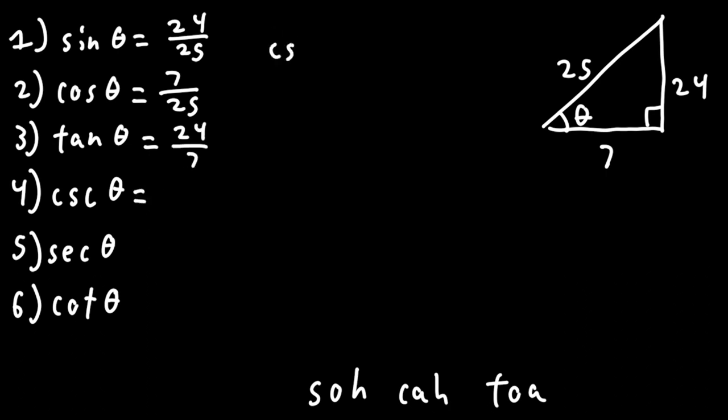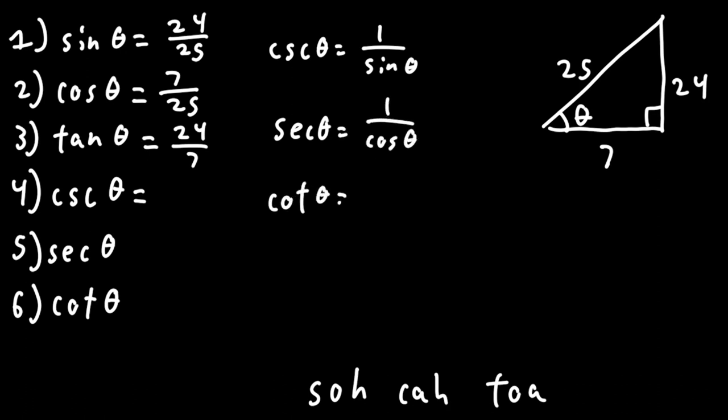Recall that cosecant of theta is 1 over sine theta. Secant of theta is 1 over cosine of theta. Cotangent of theta is 1 over tangent of theta. Cosecant of theta is the reciprocal of sine of theta, so we just need to flip the numerator and the denominator.